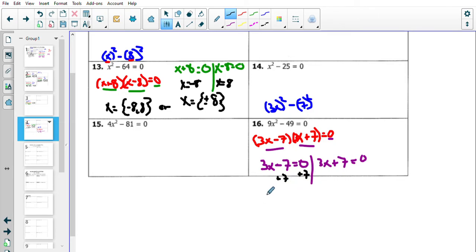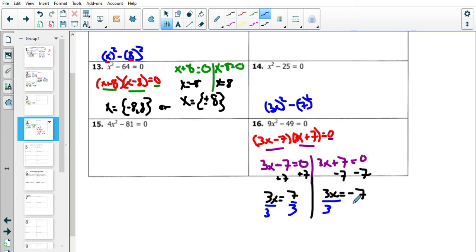That leaves us with 3x equals positive 7. If we do the same thing on the other side, we subtract 7. So again, you're just doing the opposite here. So that leaves us with 3x is equal to negative 7. And from here, we just have, again, a one step where now I need to divide by 3 because I'm multiplying by 3 with the x here, so I do the opposite.